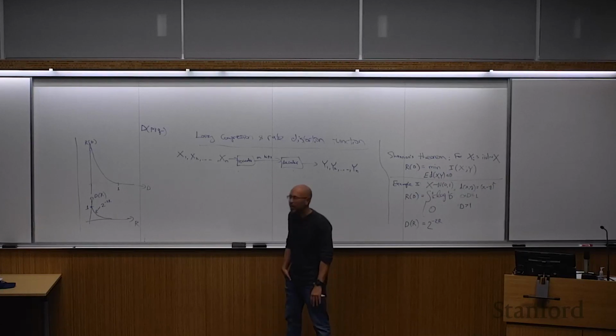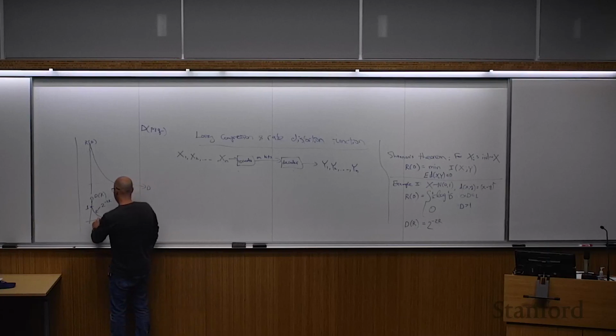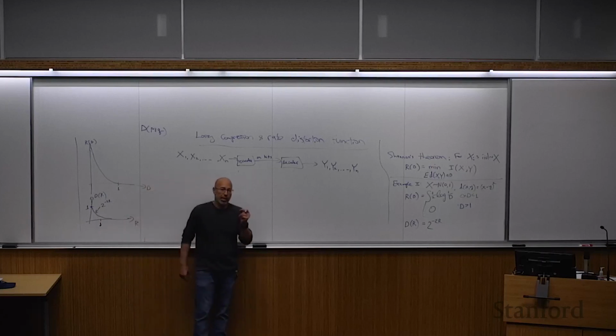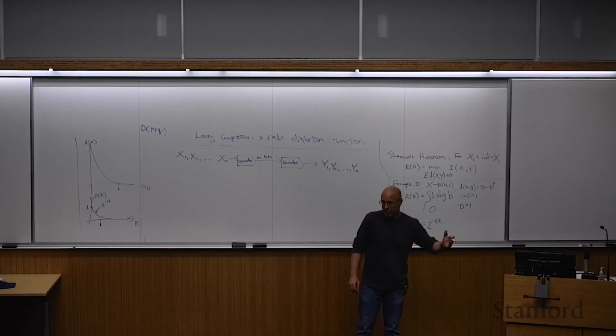Okay. So you could do the math, and so let's say at rate equal 1, meaning I'm willing to dedicate 1 bit of representation per source symbol.